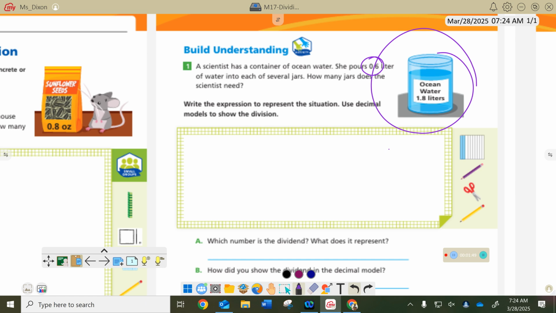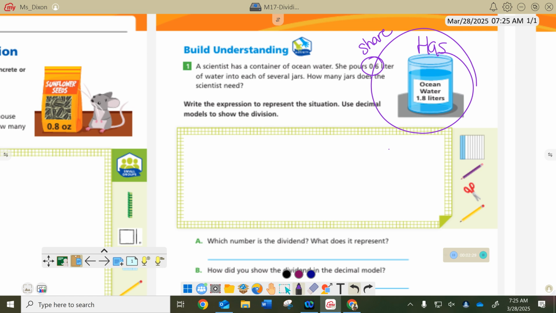So, in our visual model that they're asking us to draw, in our first box, let's take a look first at the expression. Alright, how much water does she have? According to our problem, she has 1 8/10 liters. How is she separating that water? She is sharing it in 6/10 liter. Alright.